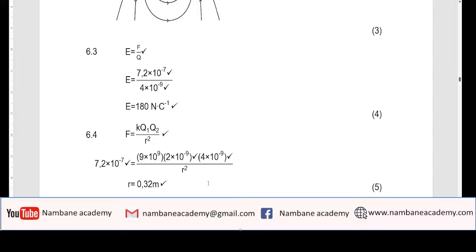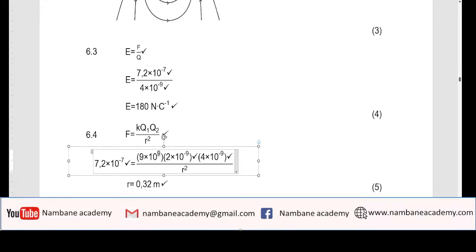Then 6.4, calculate the distance d between A and B. F equals k Q1 Q2 over r squared. Substitution for force, 7,2 times 10 to the power of minus 7 equals 9 times 10 to the power. It must be minus 9, Nessa, not 9, because on the table it says minus 9.